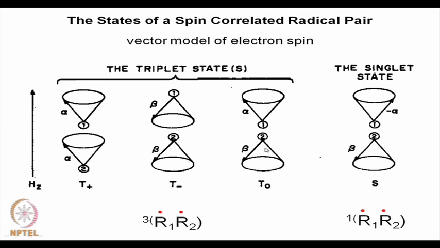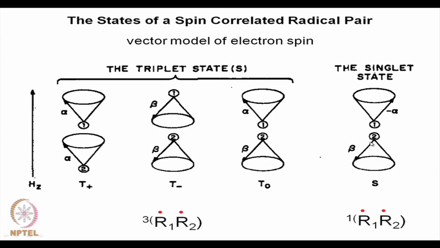So their resultant is not truly 0, but the projection of the resultant on this z axis is 0. That is why it is called T0. So this is T0, this is T minus, that is both beta, and this is T plus, both alpha, and in this one, one is beta, another is alpha, of course they are exactly 180 degrees.